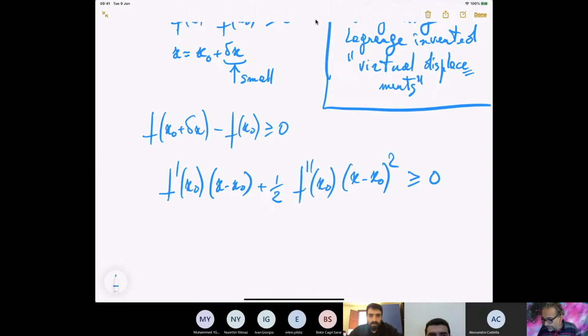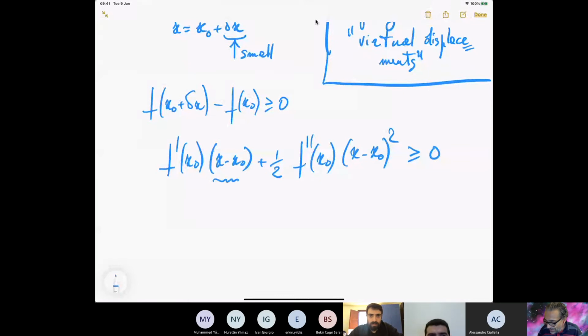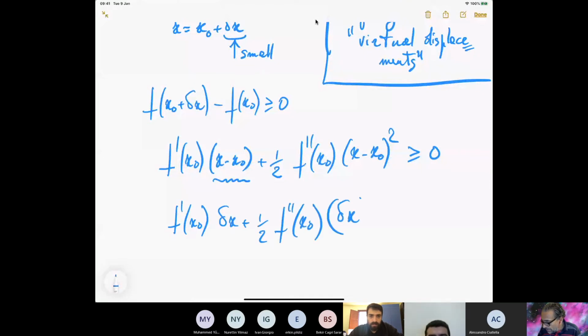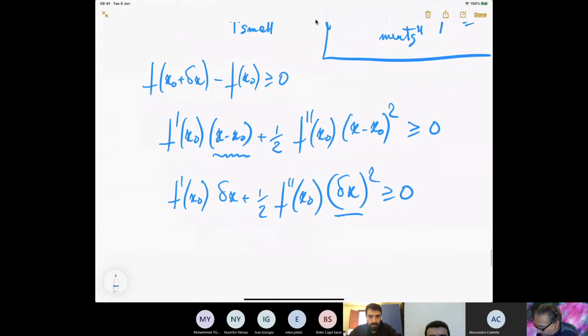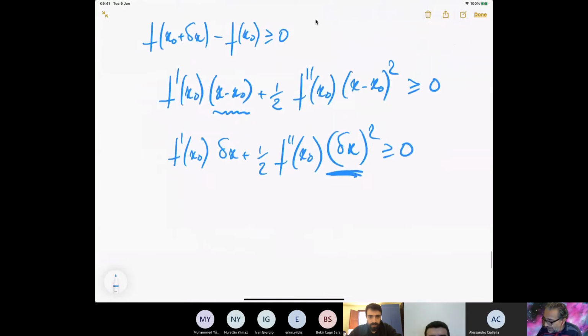So what do we do? We remember that this is small. And when delta x is very small, this is true for every delta x.